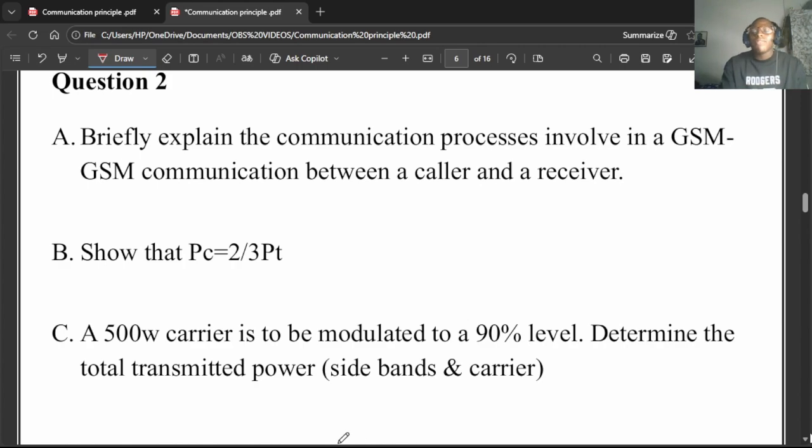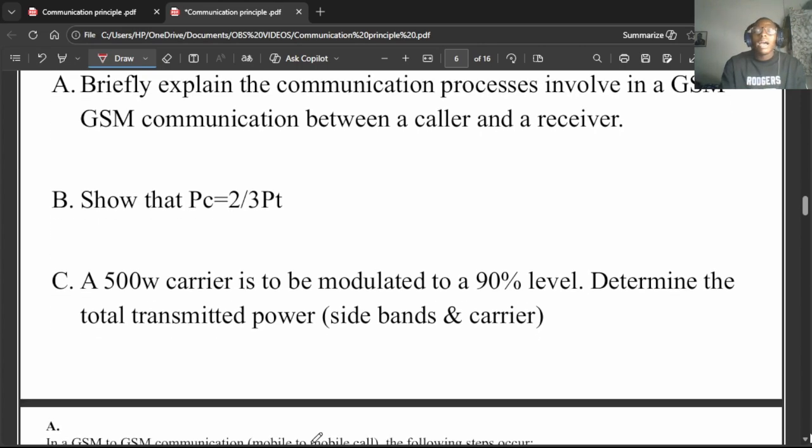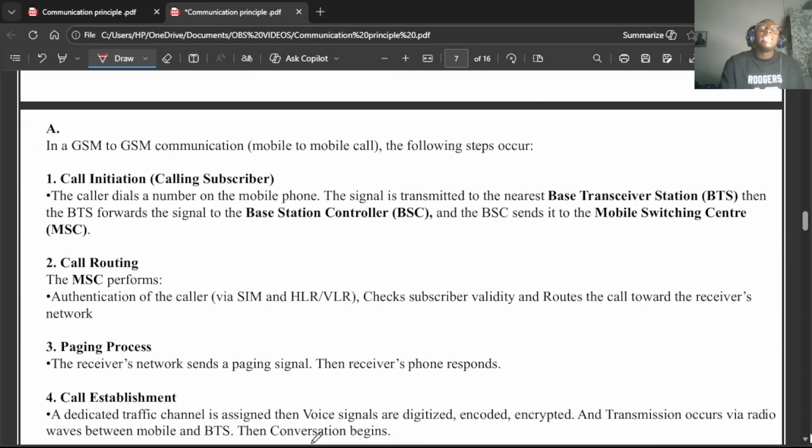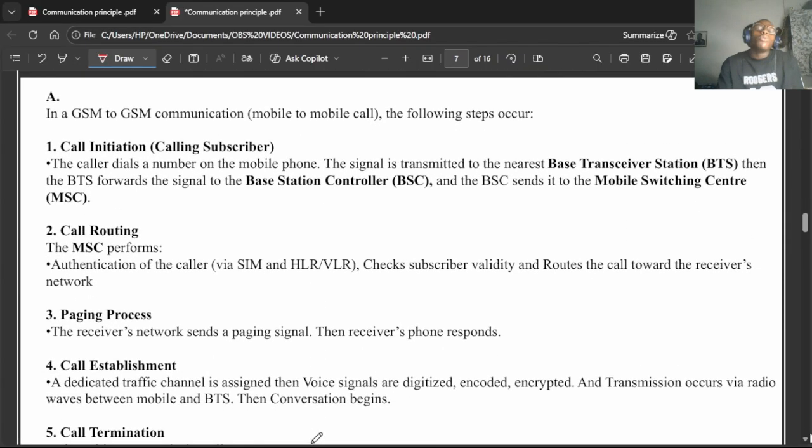Now, what I have here, the answer to this question is actually, I said, in a GSM to GSM communication, that's mobile to mobile call or mobile to mobile message, there are some steps that are involved. The first one is what we call the call initiation. Now, what happens is, on the call initiation, the caller dials the mobile phone, and signal is transmitted to your base transceiver station. Now, note all these things.